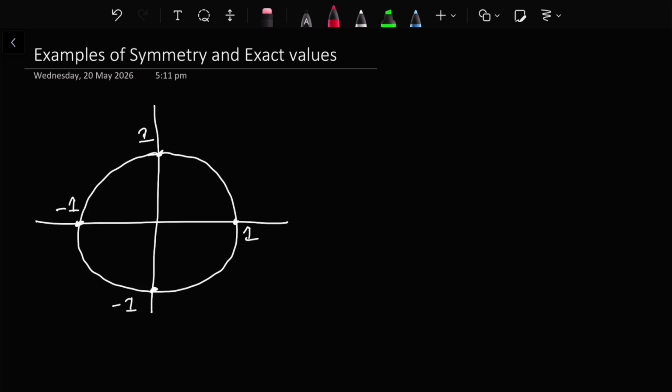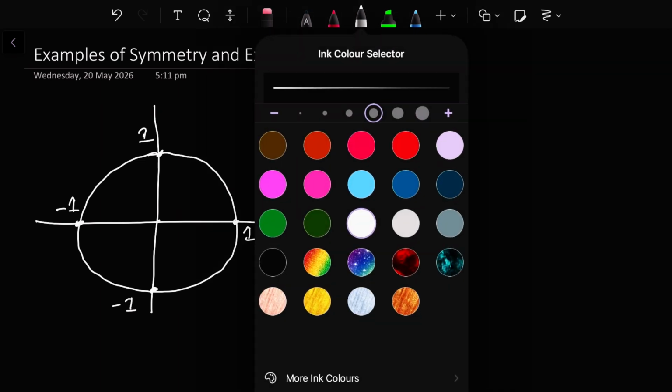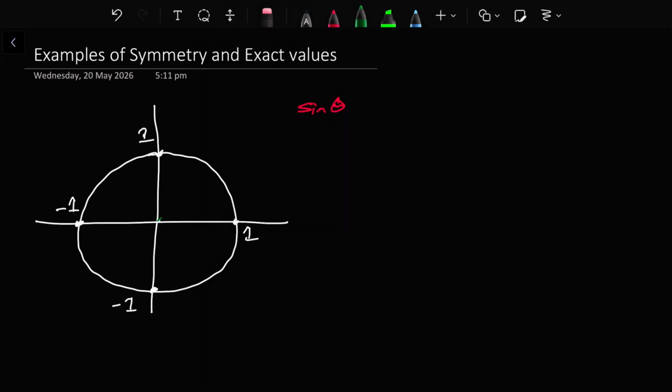What we should recap is the sine of theta. If I draw a line here, in a different color, and I take this angle theta, by definition, sine is equal to the y coordinate of (x, y), and cosine is equal to the x coordinate.